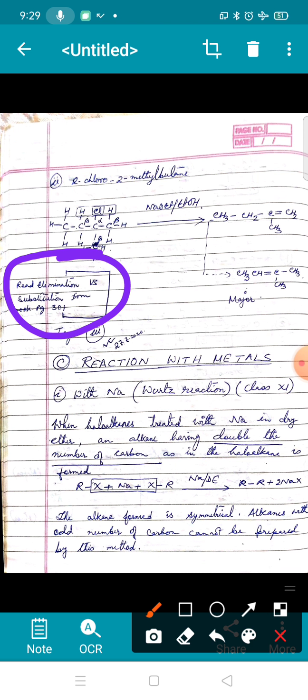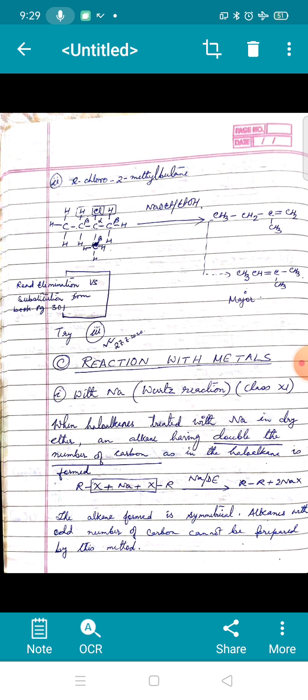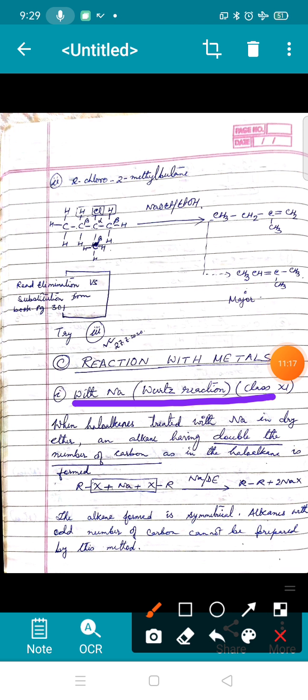The last reaction is reaction with metal. The first reaction under this category is Wurtz reaction, that is reaction with sodium. If you remember, this reaction we have done while preparation of alkanes. This is a very important reaction. So what happens in Wurtz reaction? When haloalkane is treated with sodium in dry ether, all these reactions you have to remember.